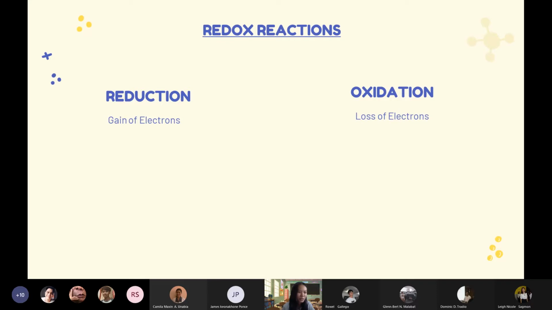You might be confused why reduction is the gain of electrons, since reduction suggests having something less. But in this topic, I will explain why that is the meaning of reduction, gain of electrons.